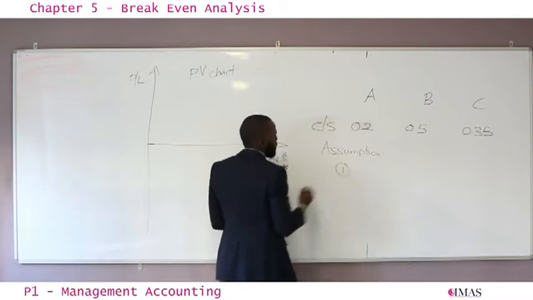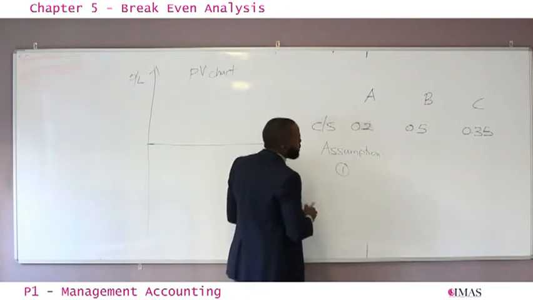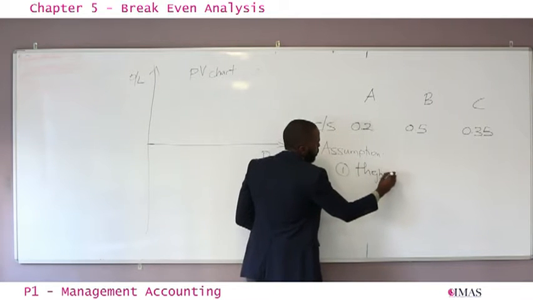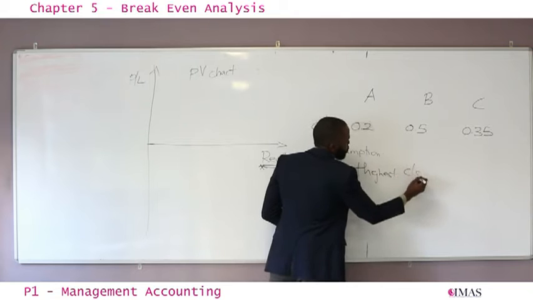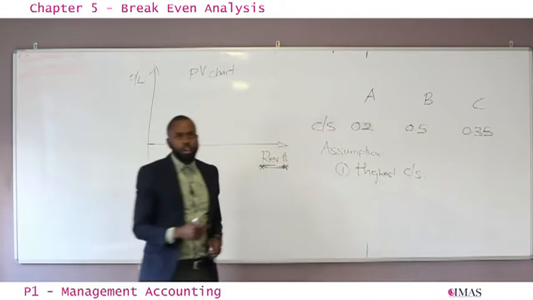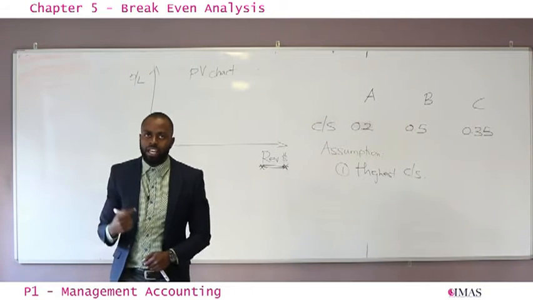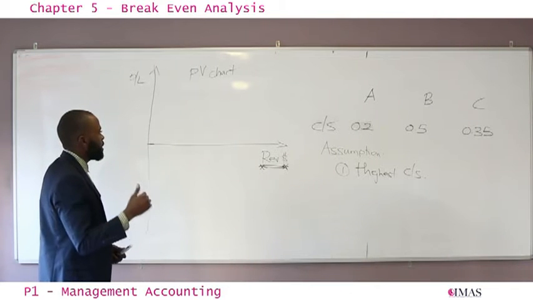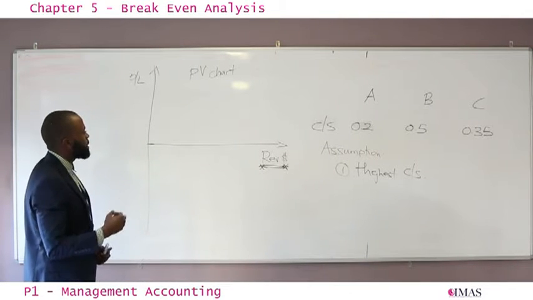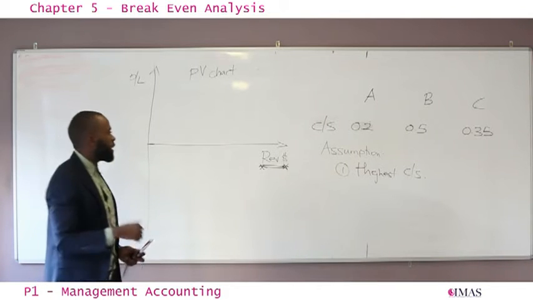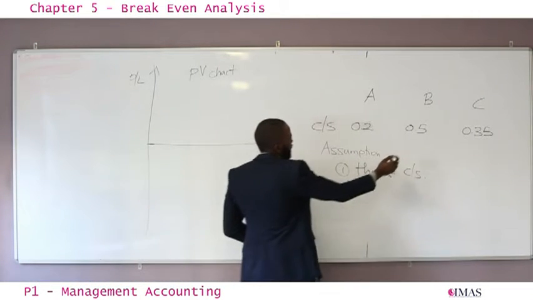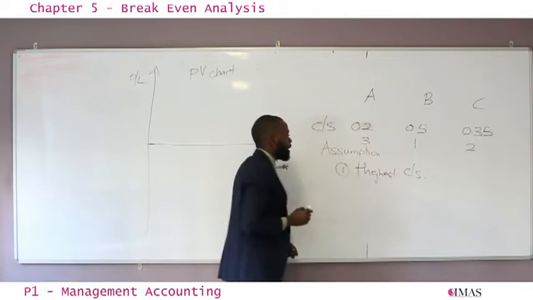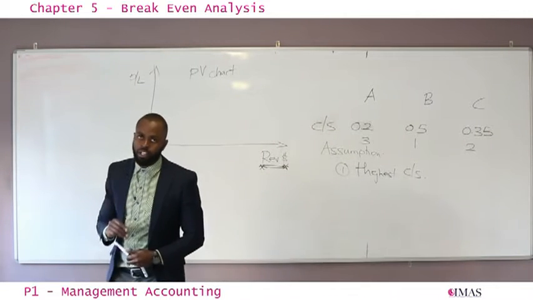Assumption 1 is that we're going to start by selling the product with the highest contribution to sales ratio, which means we're going to start by selling B, then we sell C, then we sell A. So it's an assumption here.